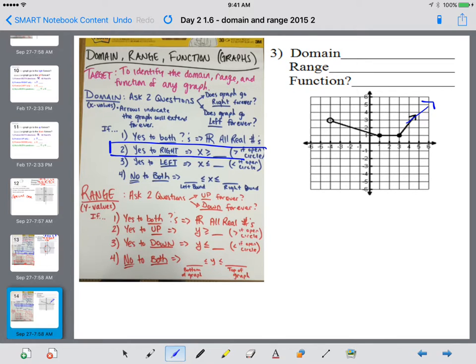I see an open circle here, so I'm going to use x is greater than. And what I'm looking for is what is the x value on the left side there. Well, the x value at this point where the graph starts is -4. So the domain is all the values bigger than -4.